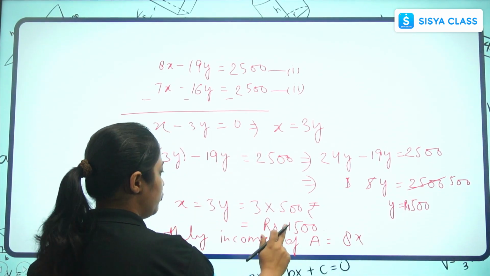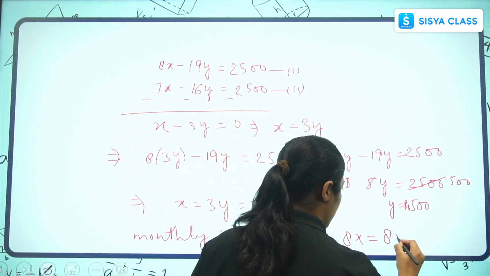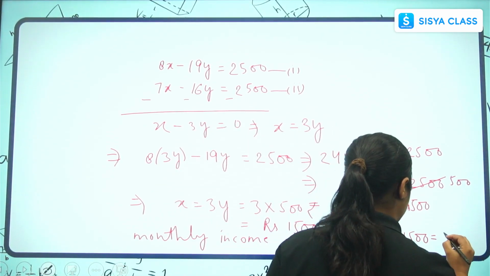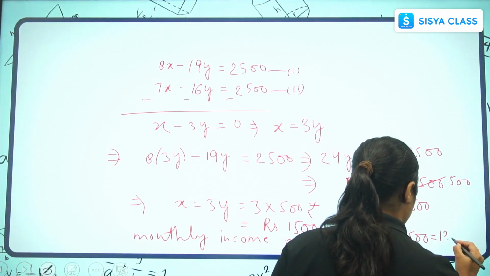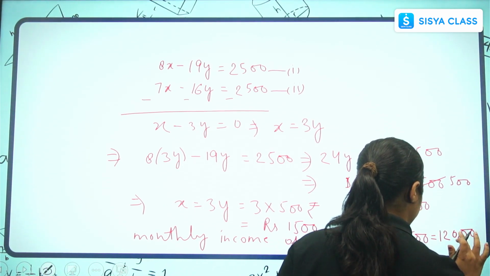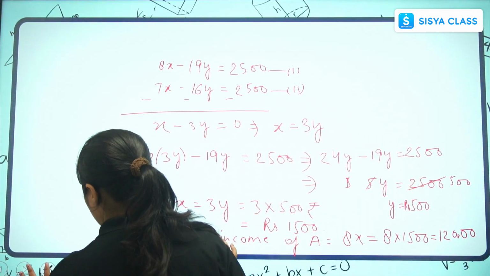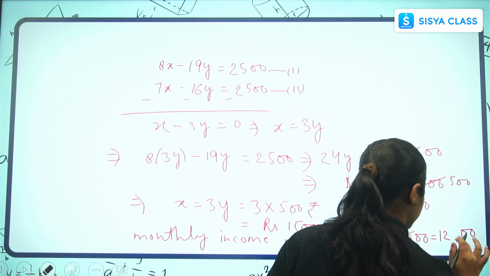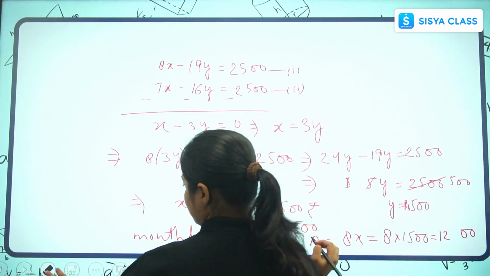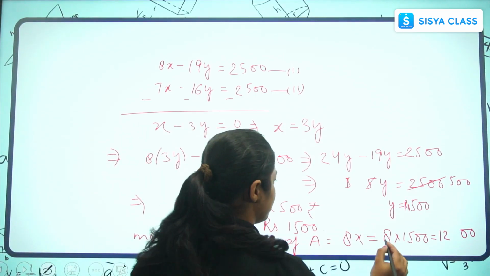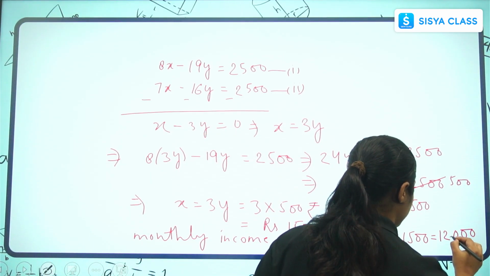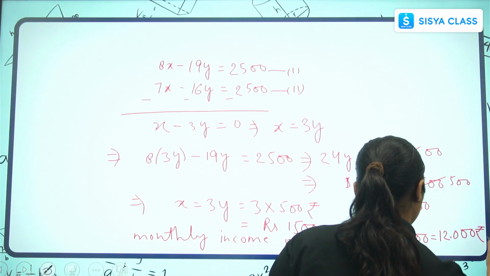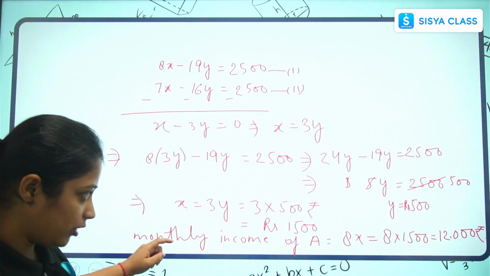The value of x is 1500, so it is 8 into 1500. That is 12,000 rupees. So this is the monthly income of A, okay?